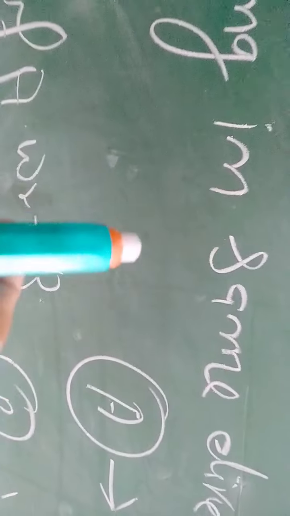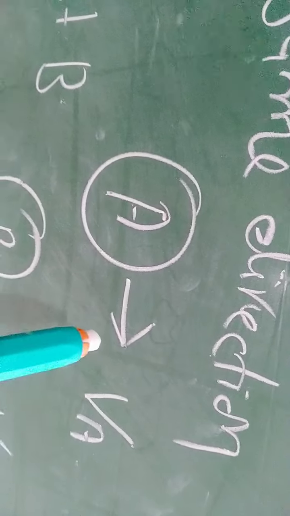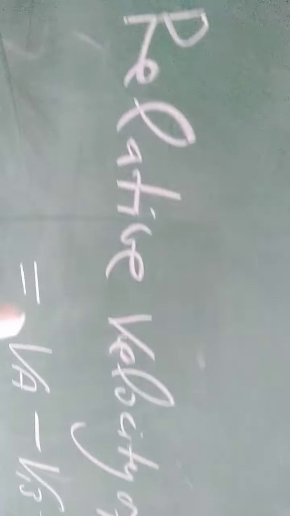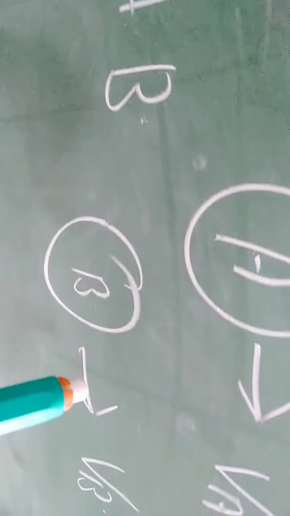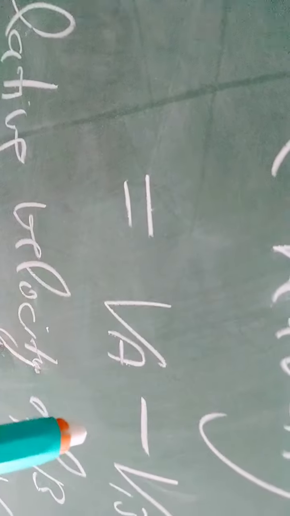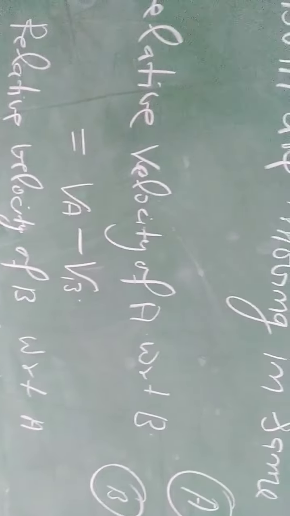And in the case where both are moving in the same direction, Va is in this direction and Vb is in this direction, both in the same direction. In that case, the relative velocity of A with respect to B is equal to Va minus Vb, where the velocity of the body we take the respect to is subtracted.